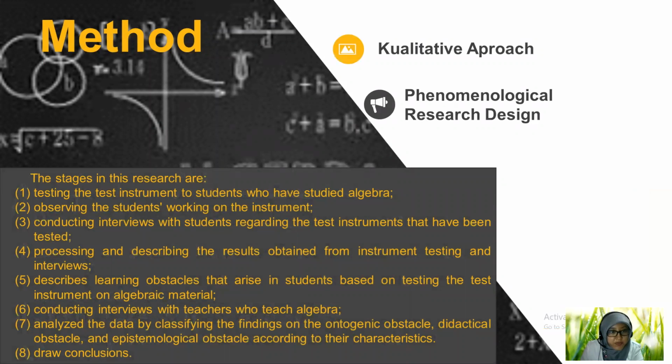The steps in this research are testing the test instrument to students who have studied algebra, observing the students working on the instrument, conducting interviews with students regarding the test instrument, and then processing and describing the results obtained from instrument testing and interviews, describing learning obstacles that arise in students based on testing of the test instrument on algebraic material, and then conducting interviews with teachers who teach algebra, analyzing the data by classifying the findings on the ontogenic obstacle, didactical obstacle, and epistemological obstacle according to their characteristics. And the last one, draw the conclusion.